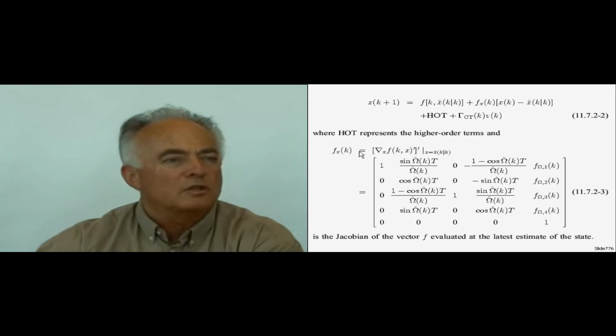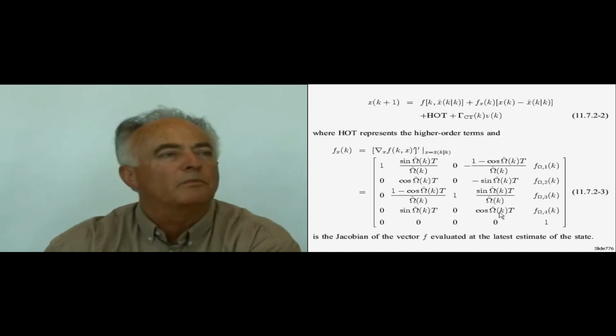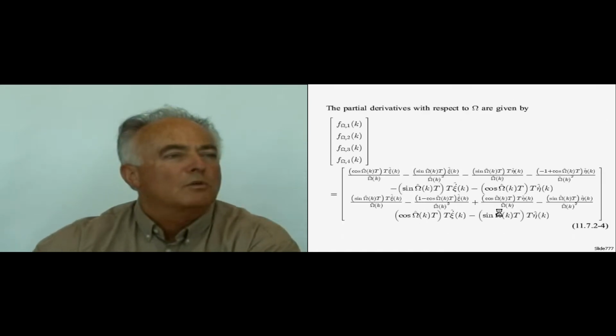The Jacobian is given here out explicitly and has to be evaluated at the latest estimate of the state. As you can see, the latest turn rate estimate appears pretty much everywhere here. We have derivatives of the omega.